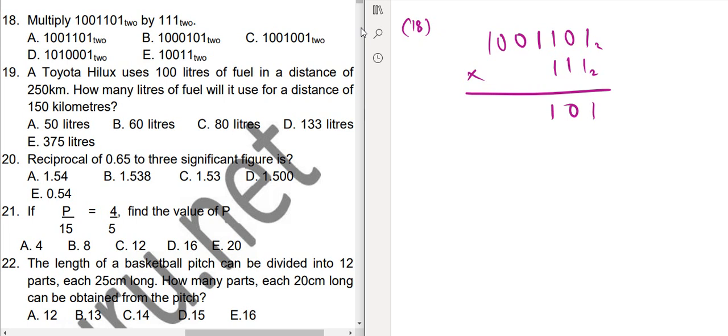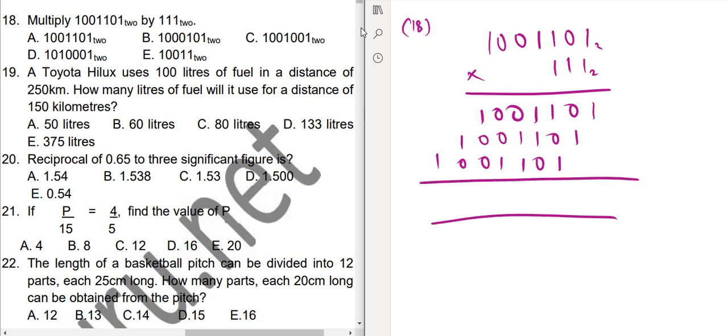Yes. Call for me 100,101. Good. 1 times all these things will give you the same thing, right? Yes. 1011001. 1 times 1 will give you the same thing. 1011001. So let's add.